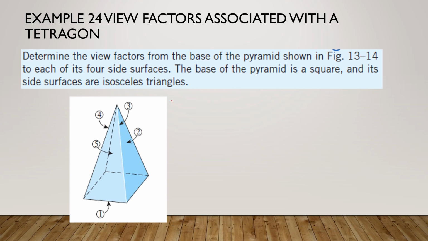So what we can conclude here is F1 to 2 equals F1 to 3 equals F1 to 4 equals F1 to 5. Since we are under the symmetry rule, all of these have the same symmetry.